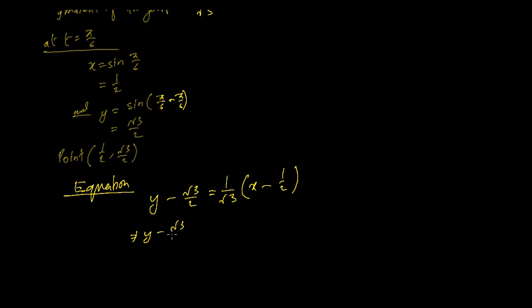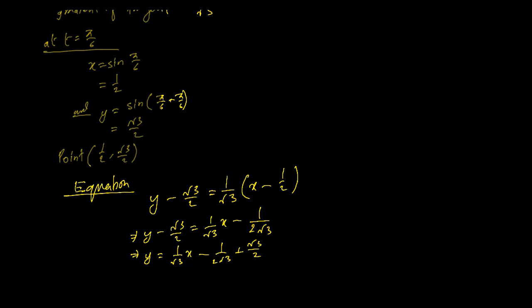So y minus square root of 3 by 2 is 1 by square root of 3 x, minus 1 by square root of 3 into 1 by 2, which is 1 by 2 square root of 3. We can write y equals 1 by square root of 3 x minus 1 by 2 square root of 3 plus square root of 3 by 2. It doesn't really matter at all, we can just leave the answer in this format.